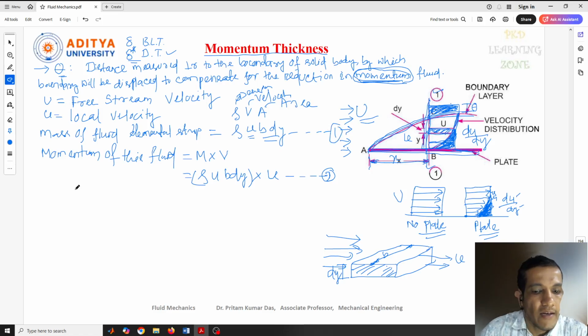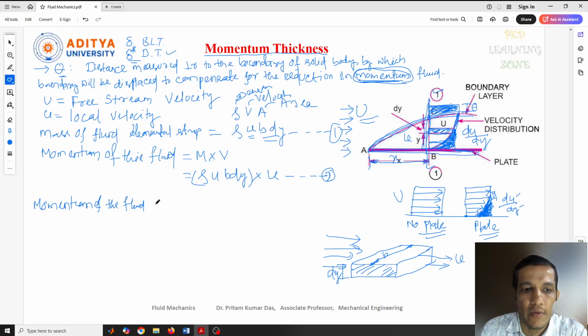Similarly, this is the momentum of the fluid when the plate is present, or when the boundary layer is present here. Next we'll calculate the momentum of the fluid in absence of the boundary layer. In absence of the boundary layer means in absence of the plate, because if there is a plate, there is a boundary layer.